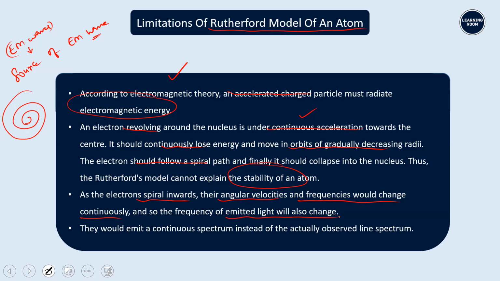This process should emit a continuous spectrum instead of the actually observed line spectrum. You can actually observe a line spectrum, but according to this theory, it should have emitted a continuous spectrum.